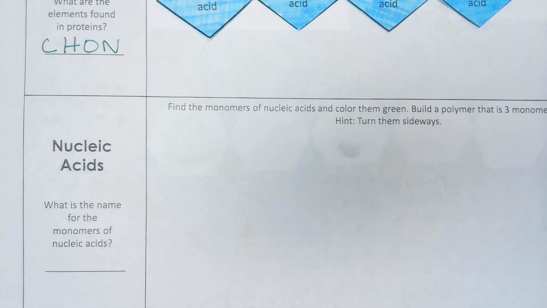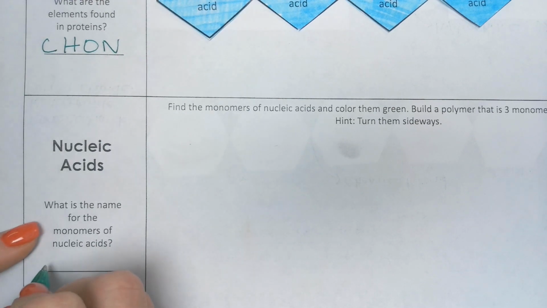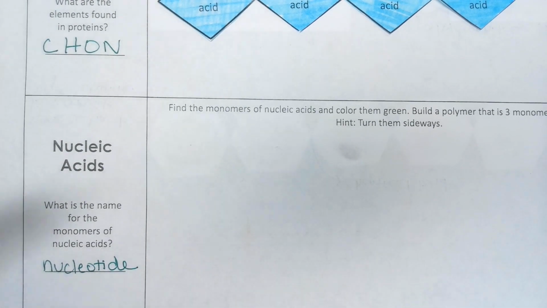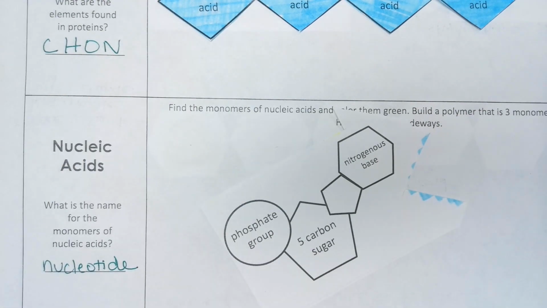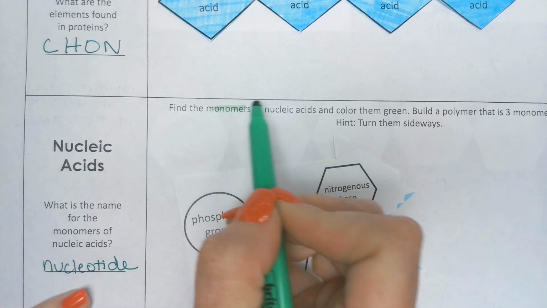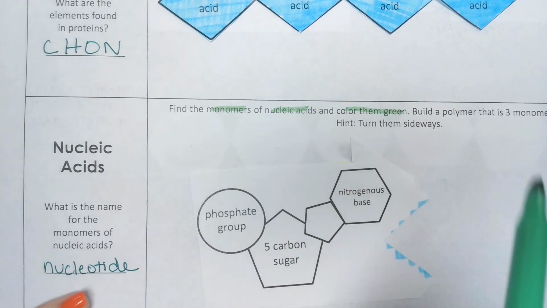All right, let's finish off with nucleic acids. Oops, just ripped mine. All right, so what's the name for the monomer of a nucleic acid? It's going to be a nucleotide. As you color these nucleotides green, it says find the monomers of nucleic acids, color them green.